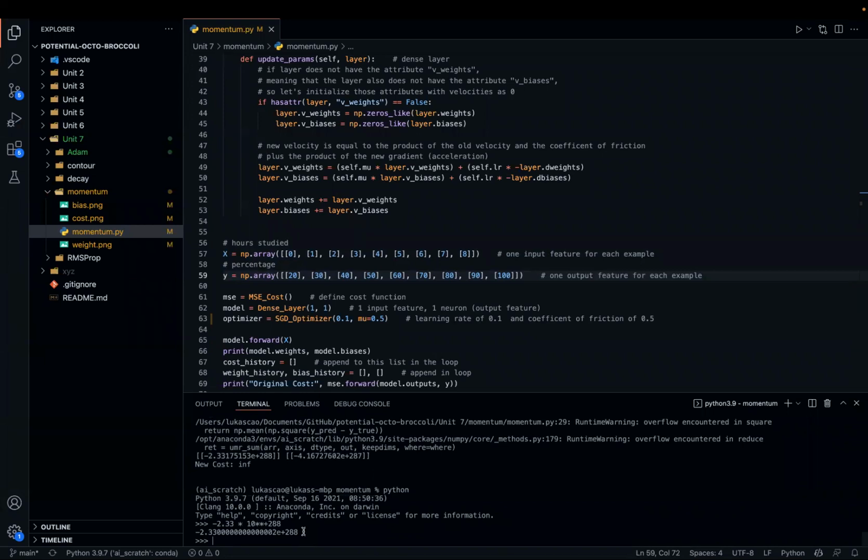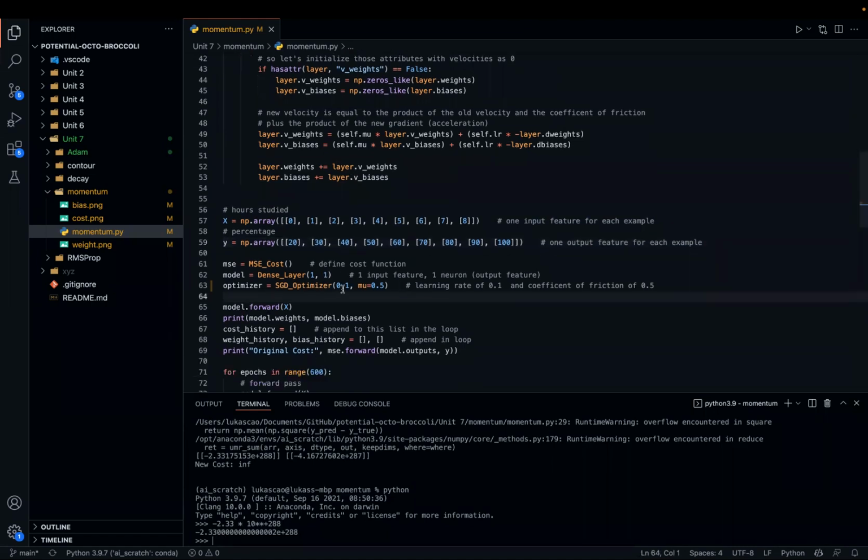That's technically what the E plus 288 means. So what happened to your weight is that it's a really huge number right now. Because of the negative over here, it's a really negative number. But what you want the weight to be is 10.